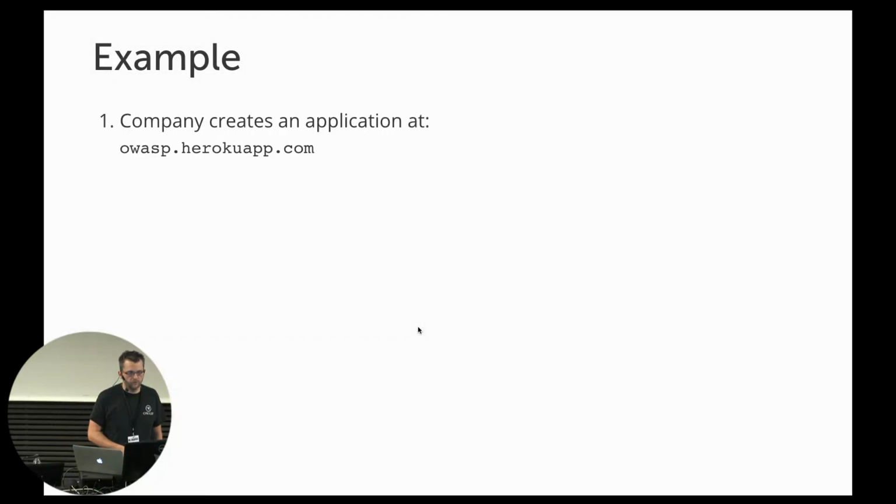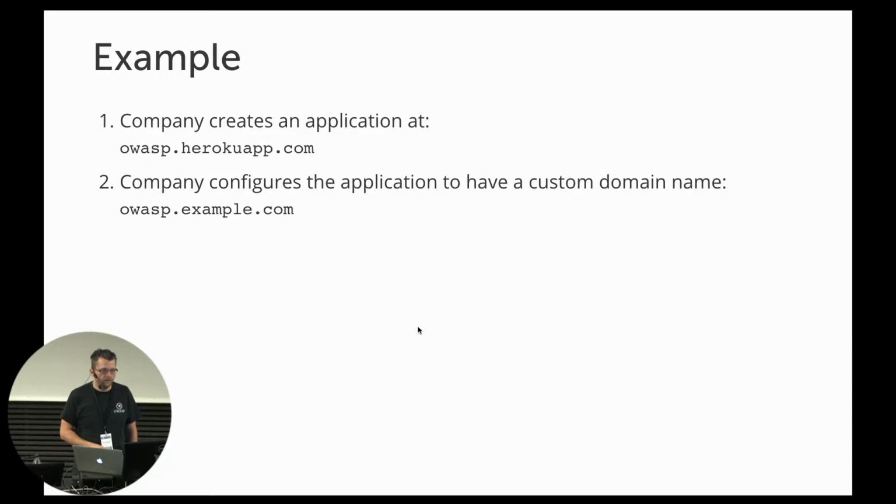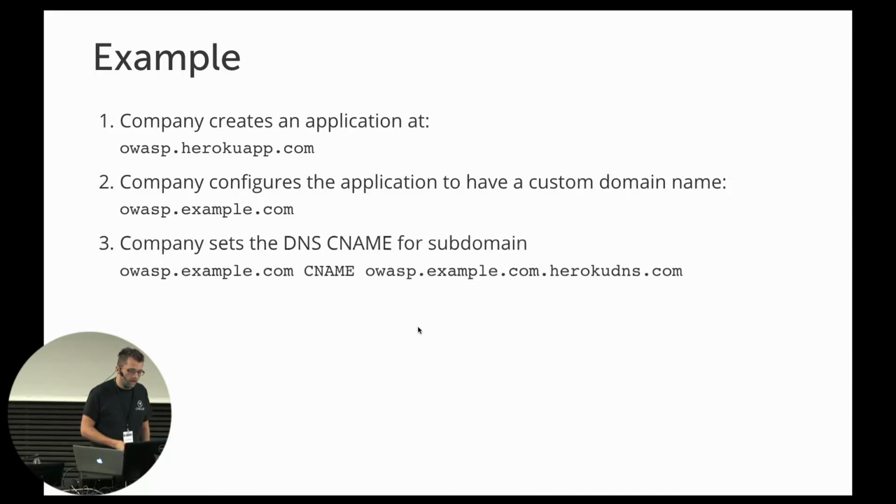So of course what we do is we create an application, in this case OWASP.herokuapp.com, and then we configure this application to have a custom domain name. So it could be owasp.example.com if we are the owners of the example.com domain. And then we create a CNAME entry in our DNS, which points to Heroku's DNS. So we say, if you want to resolve owasp.example.com, please go over to Heroku DNS to resolve it.